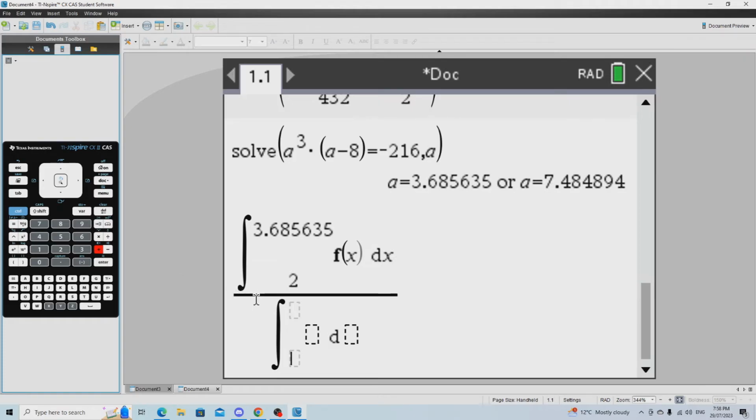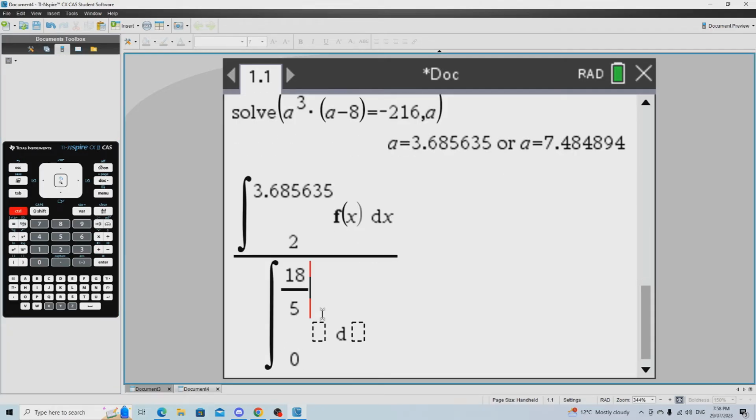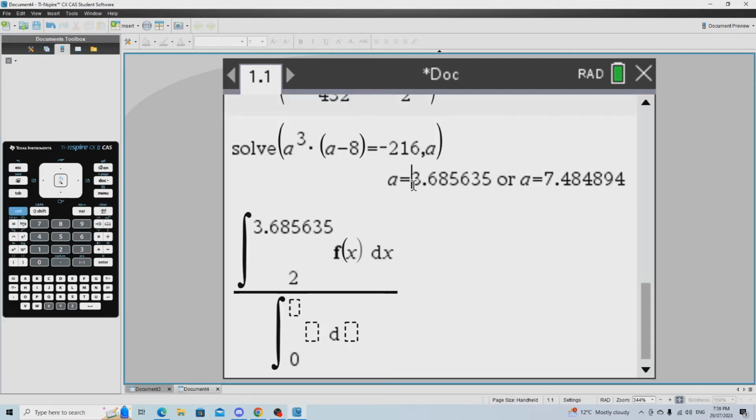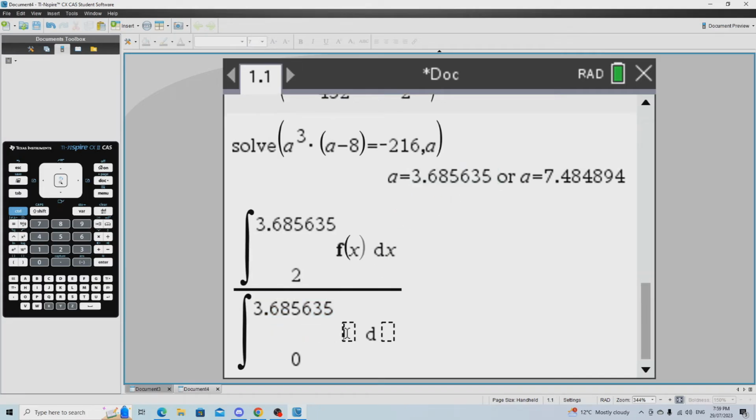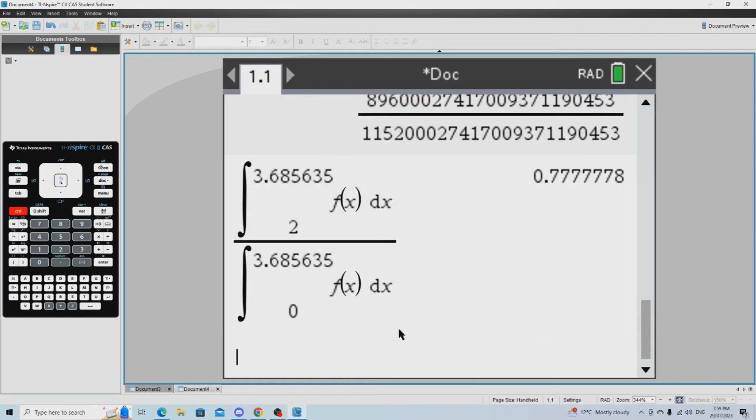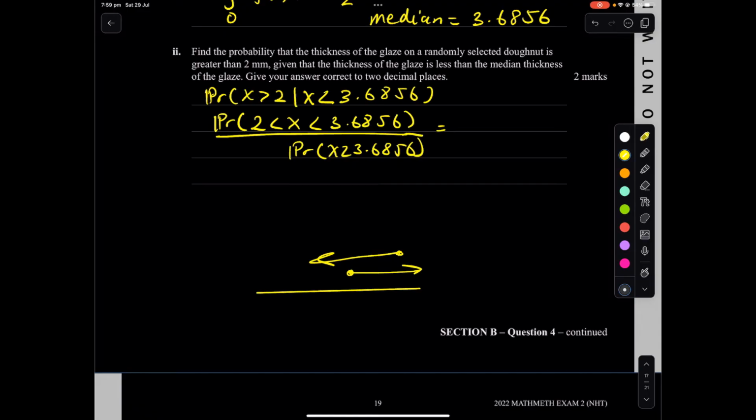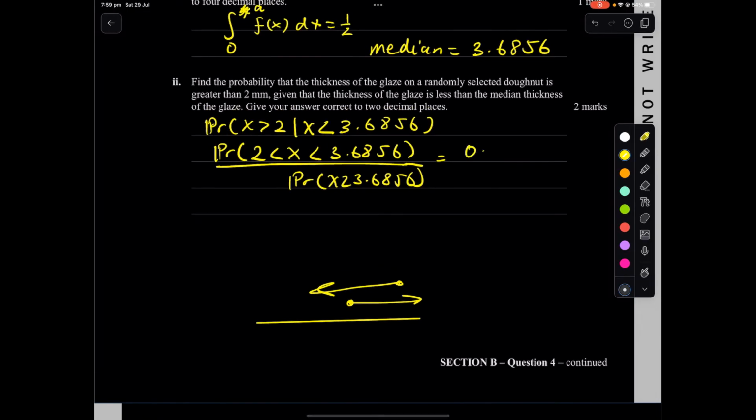The least value we can go is, I think, 0. So it's 0 to this value over here of f of x. So your answer, to two decimal places, is 0.78.